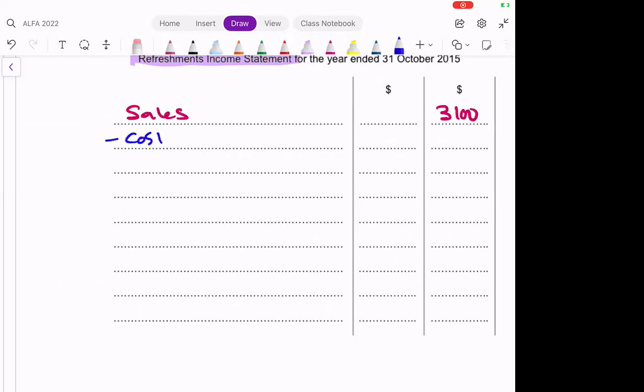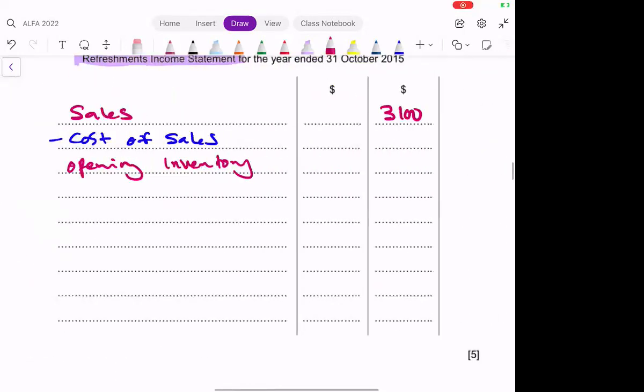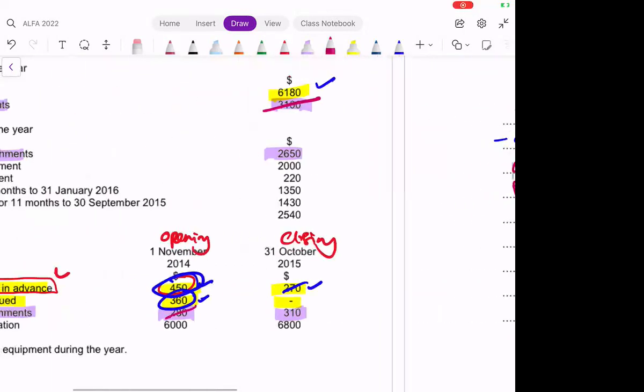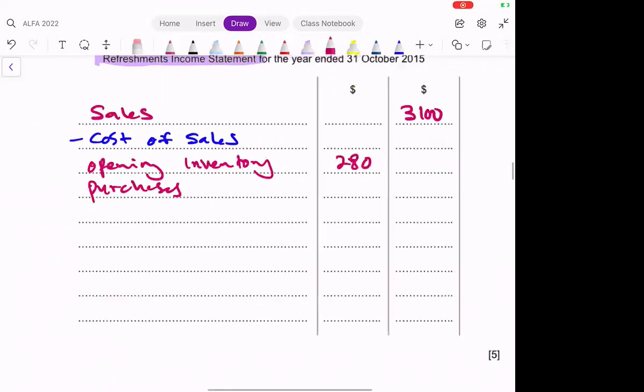Minus cost of sales. Cost of sales starts with opening inventory 280. Then we have purchases. This question is very simple. They give everything. You don't need to calculate anything. Purchases is 2,650.